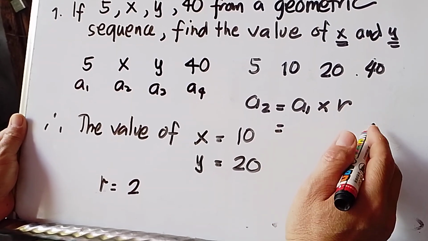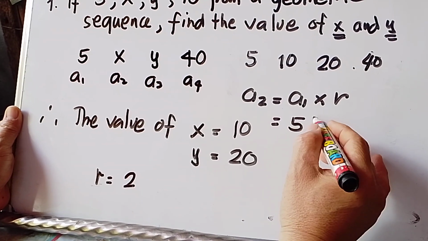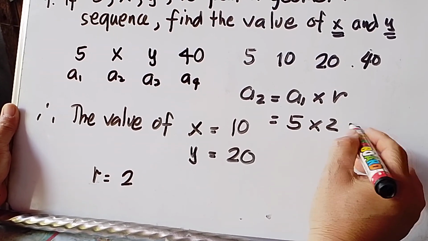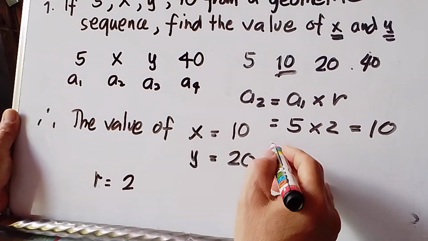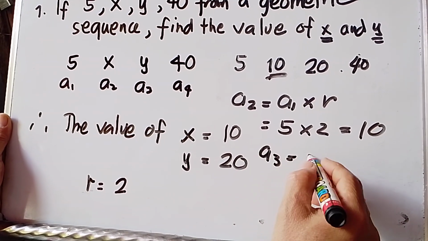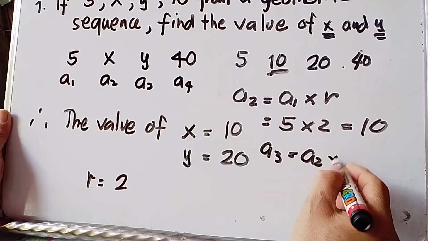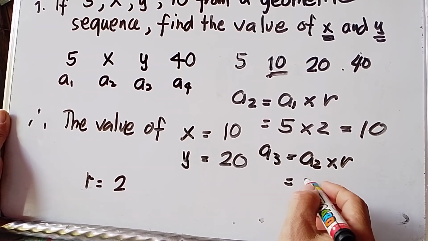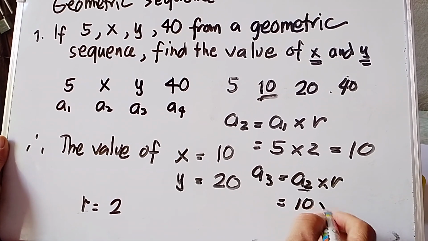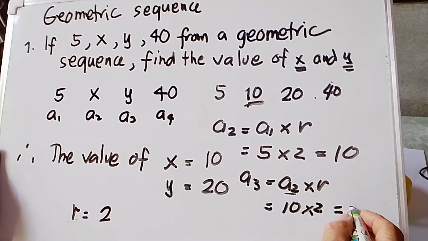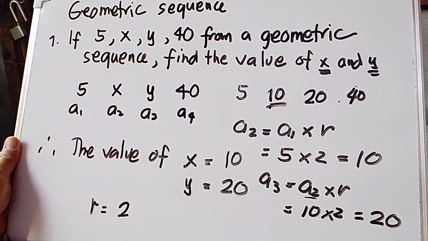What is my a1? 5 times 2. So this is equal to 10. So this is correct. And then a3. a3 is equal to a2 times r. So a2 is 10 times 2. So this will be equal to 20.